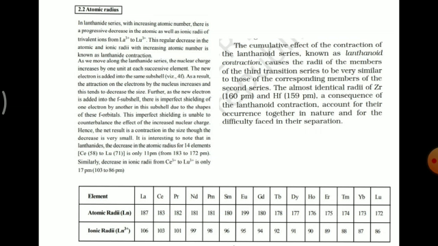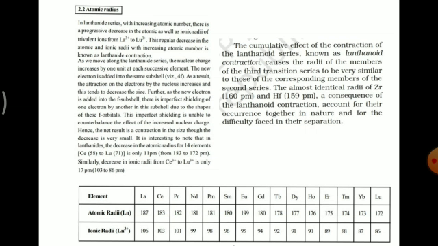The first consequence is, due to lanthanide contraction, the size of second and third transition series is the same. That is, second and third transition elements have similar size due to lanthanide contraction. One important example for this is the atomic radius of zirconium and hafnium.